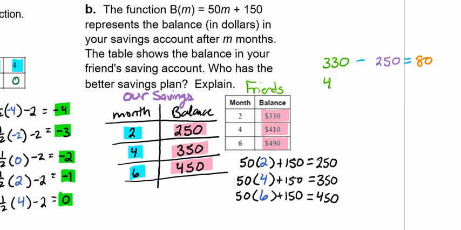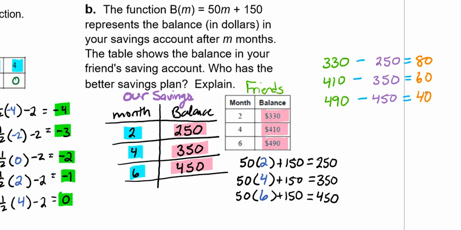And in 4 months, our friend had $410, and we had $350, which was only a difference of $60. And after 6 months, our friend had a value of $490, and we had a value of $450. So that's only a difference of $40.